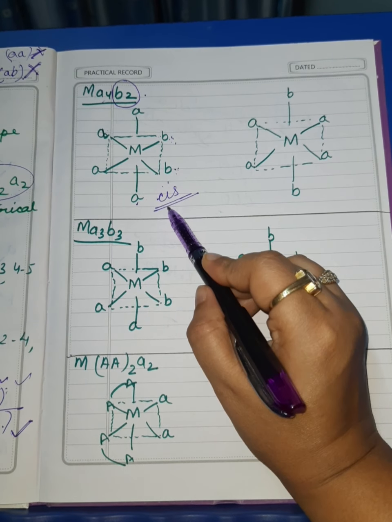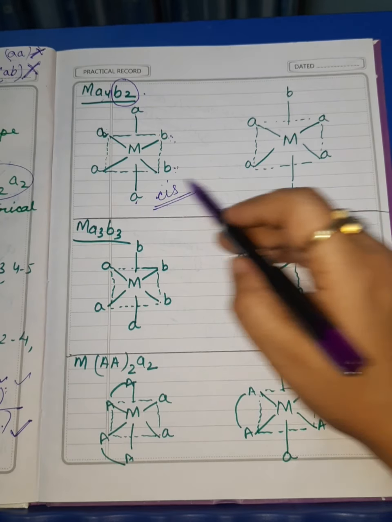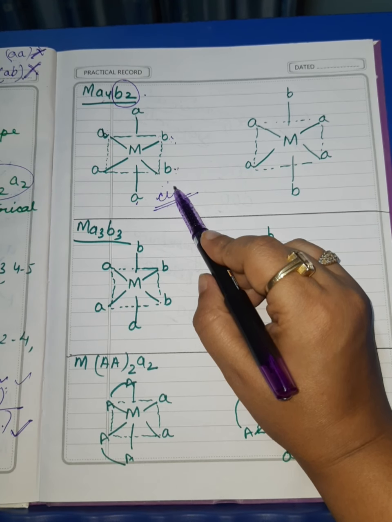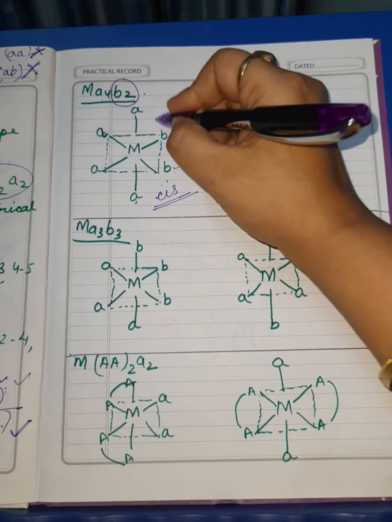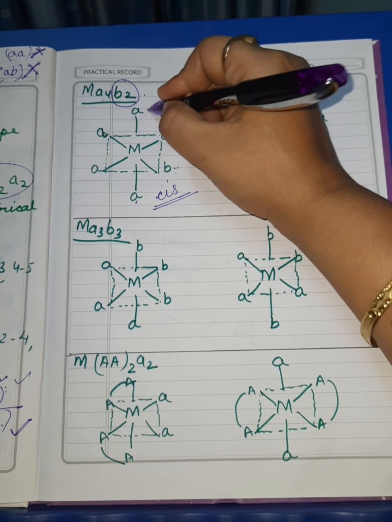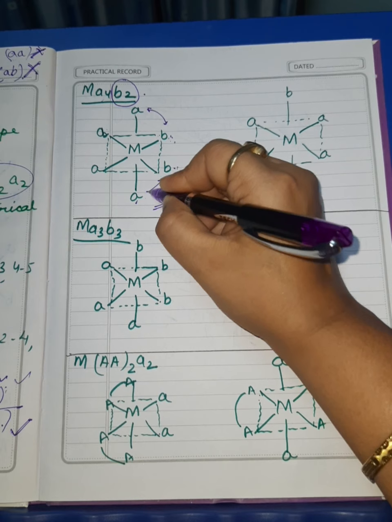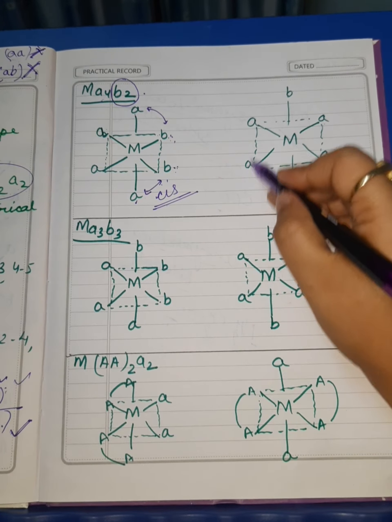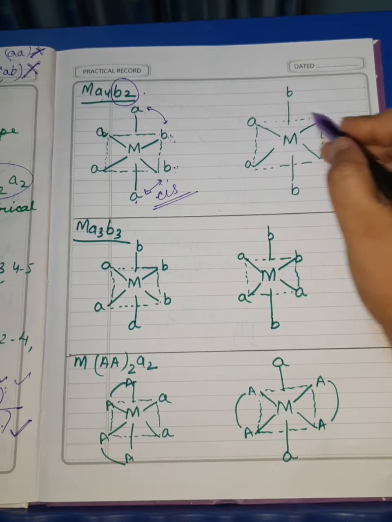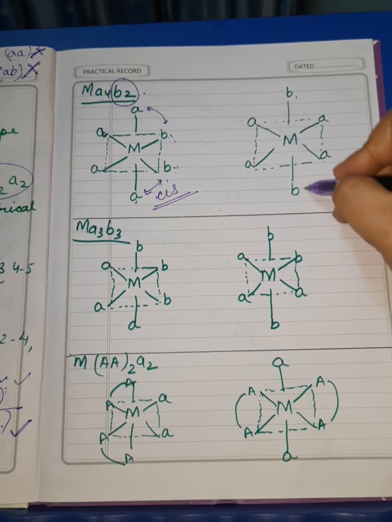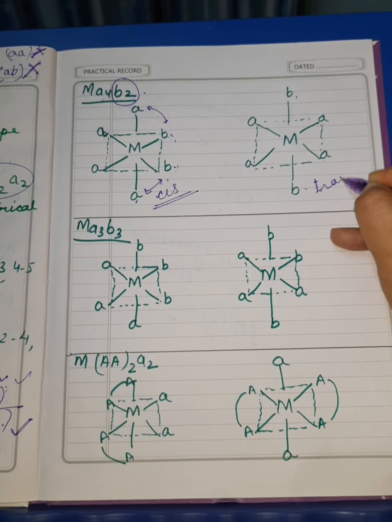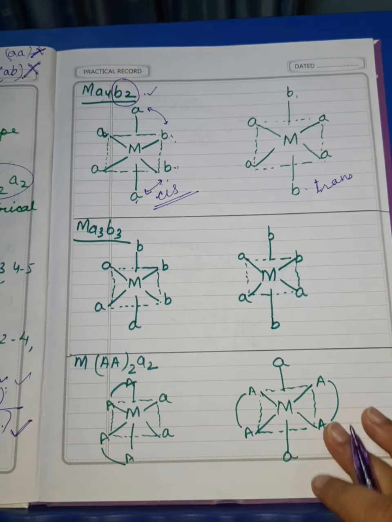So this is the cis form. Now it's trans form. Now it becomes very easy to understand. In case of trans form, we only have to exchange the position of A and B. On exchanging the position, I get all A occupying the square plane and B occupying the axial position. So this is trans form for this type of geometrical isomer.